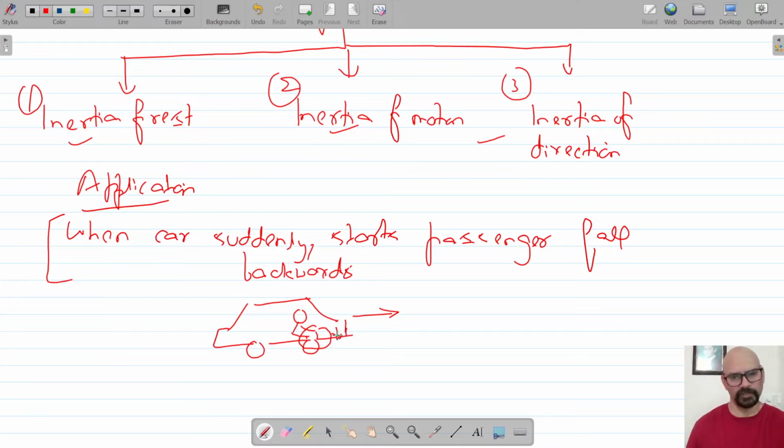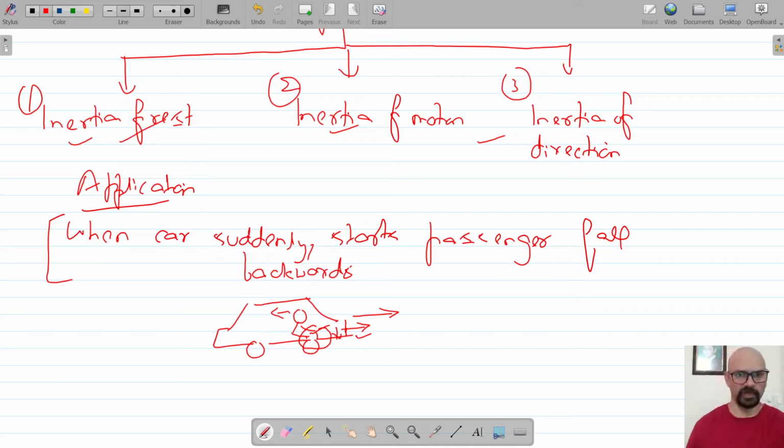So, due to inertia of motion, the lower part will come in motion as it is in contact with the floor of the car, but the upper part will continue to be in rest because of inertia of rest, and hence we fall backwards. So that is the reason.